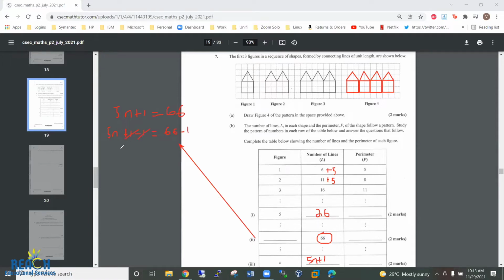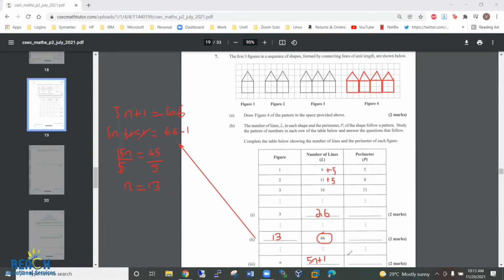These cancel, so now we have 5n equals 66 minus 1, which is 65. To get rid of the 5, we divide both sides by 5, because the 5 is being multiplied by n. Remember, we always do the opposite. So n is equal to 13.